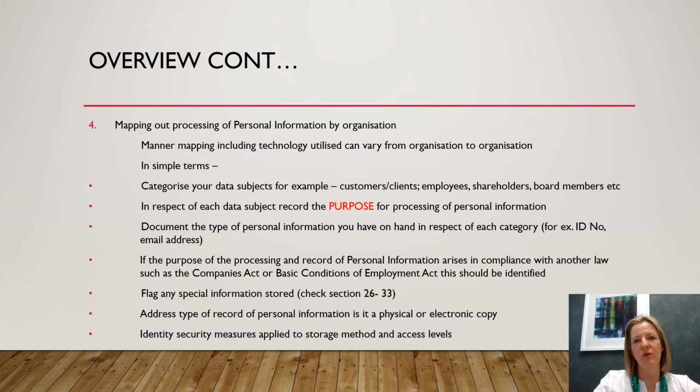So this will then give you a map, or on a certain level, an understanding of what personal information you hold, and the basis for holding the personal information, as well as what your security levels and access levels to the information are.